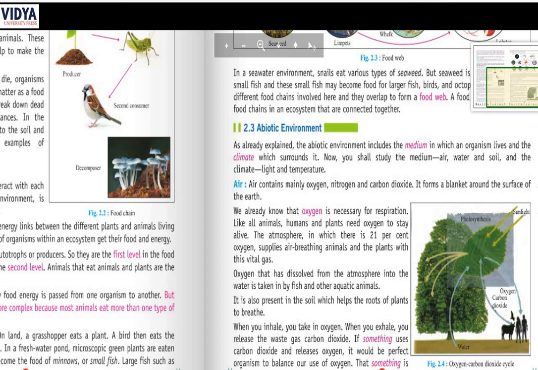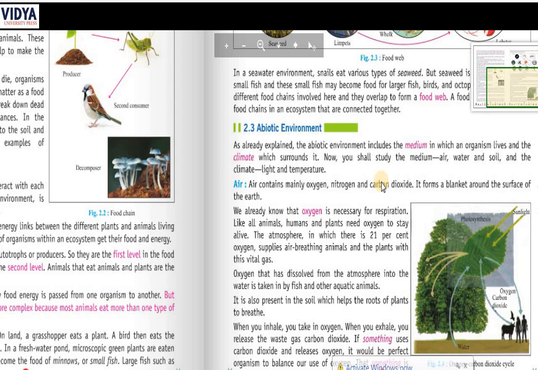Now you shall study the medium, air, water, soil, and the climate, which is light and temperature. So abiotic, as the name suggests, means non-living things in which the living things live can be called the abiotic environment.